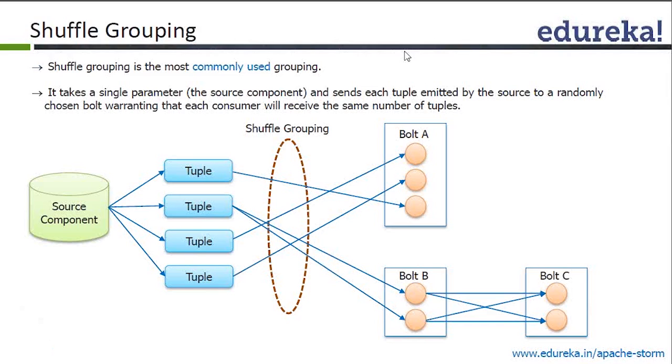So it is randomly choosing the input streams and then sending them to the different instances of bolts, making sure that all of them get an equal load of data. Is that clear? What it is doing. Now we'll talk about when it is useful, when it is not useful. Right, guys? I'm making sure that these things sink in right now.